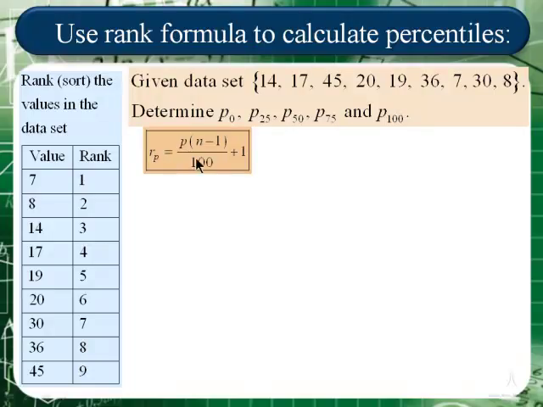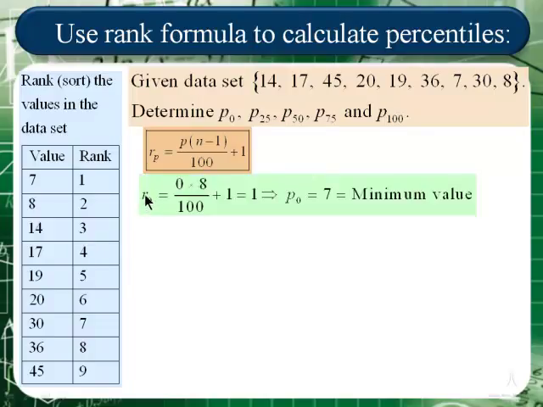This is the rank formula that I will utilize. So we then calculate the rank of 0%. So P is 0. N minus 1, 9 minus 1 is 8. So obviously this is 0 plus 1. So the rank is 1. So percentile 0 is 7, which is the minimum value.